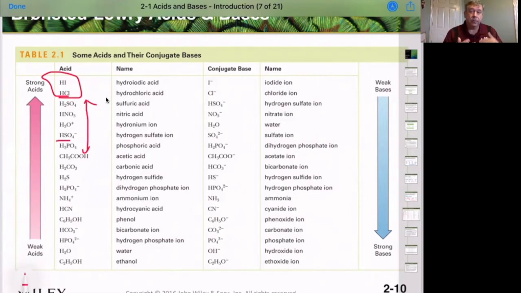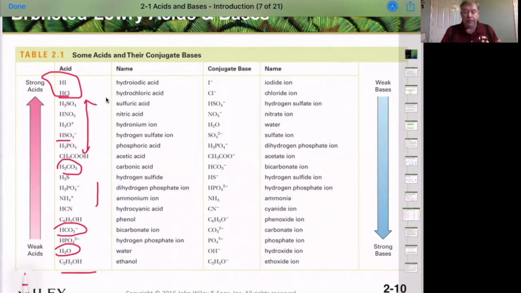And so as we go down that list, we can continue down till we get to things like carbonic acid, and then carbonate ion, bicarbonate, water, and then alcohols here. These have very little shifted to their conjugate base, and therefore that makes them weaker acids, okay?